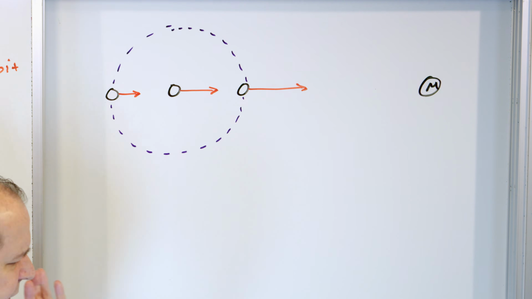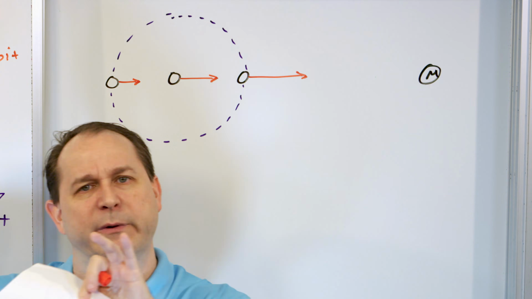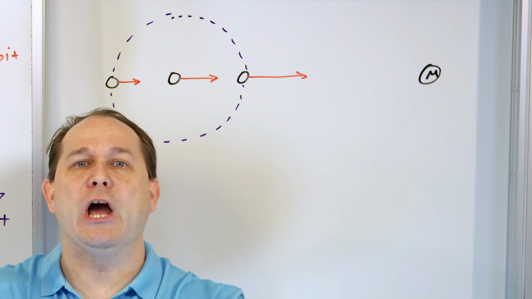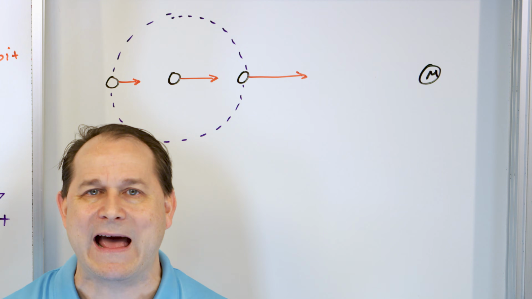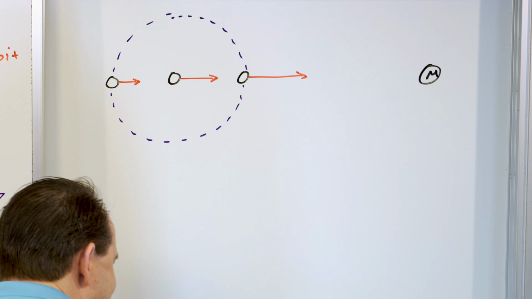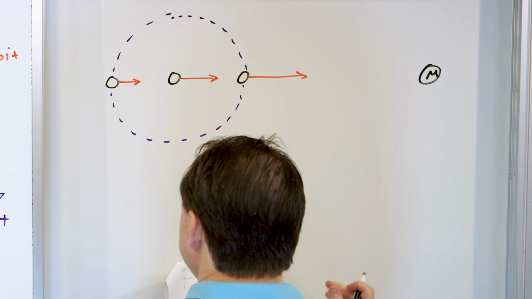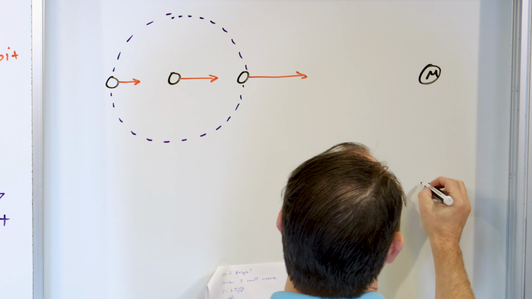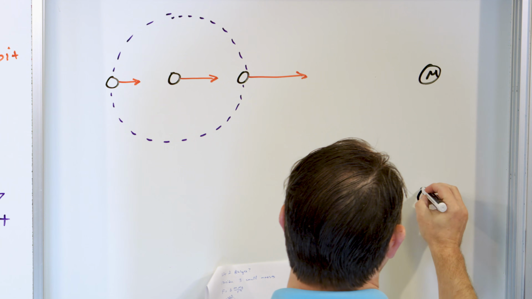So if I have the moon and I have these 3 pebbles and I let them go and watch what would happen a few minutes in the future, a few days in the future, whatever. Well, let me draw the system again. We'll have the moon right here.